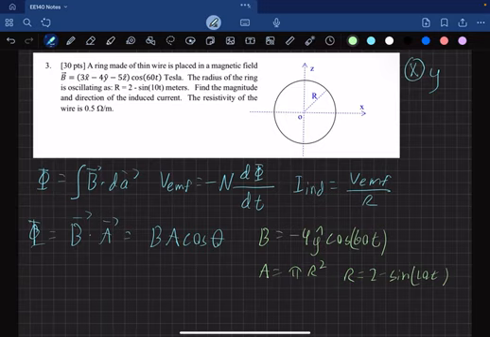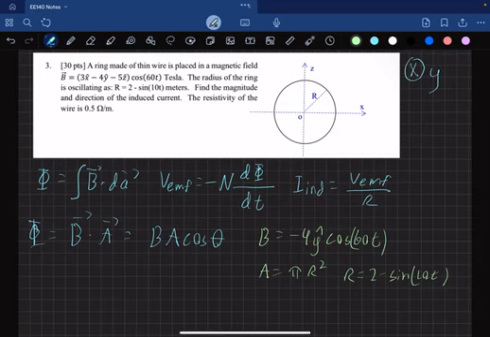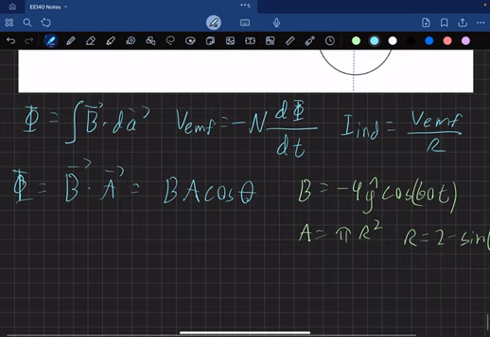And as for our angle, cosine theta, I will choose our area vector to be in the same direction as our B field, which is the negative y direction. So our angle will be 0, and cosine of 0 is 1. So to find our flux, we just have to multiply the magnitudes of B and A. So here we have equals B times A.